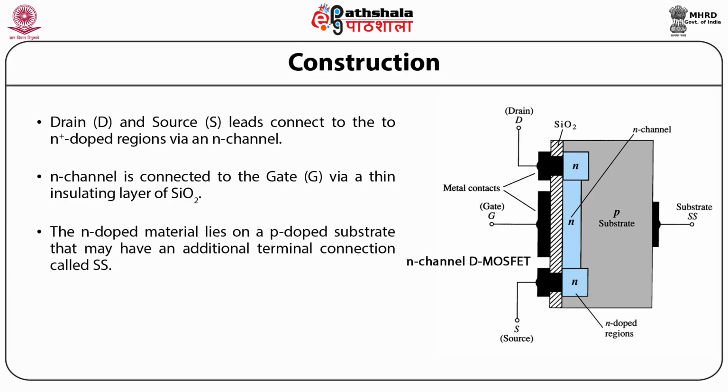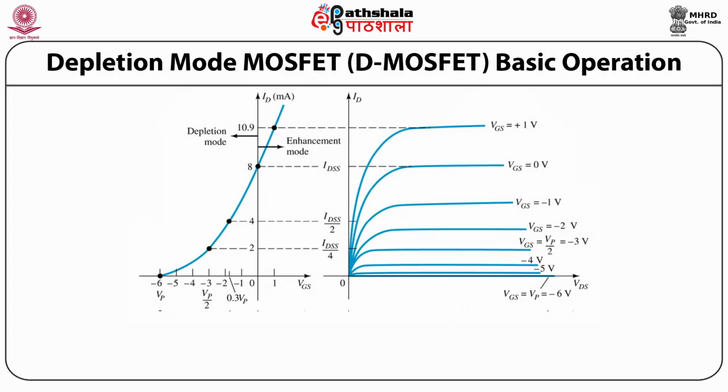The N doped material lies on a P doped substrate that may have an additional terminal connection called SS.